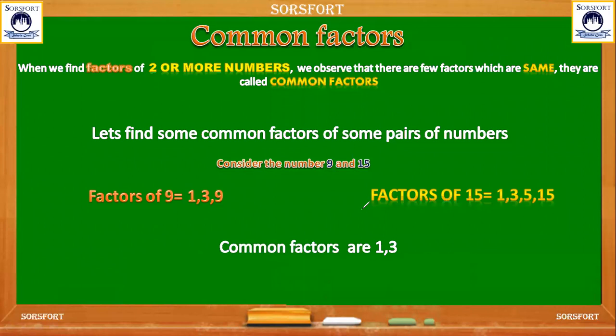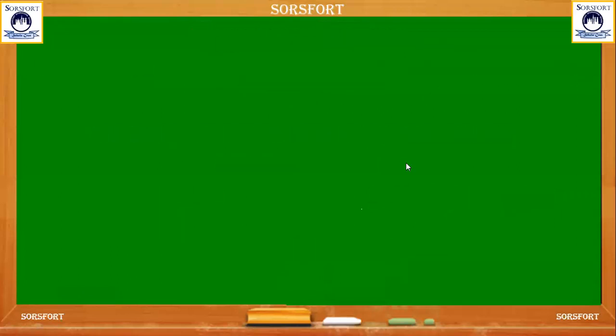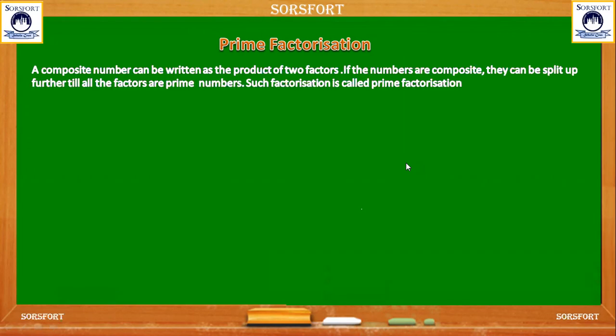Now come to the next page. In the next page, we will learn about prime factorization. First we will understand what prime factorization is. A composite number can be written as a product of two factors.